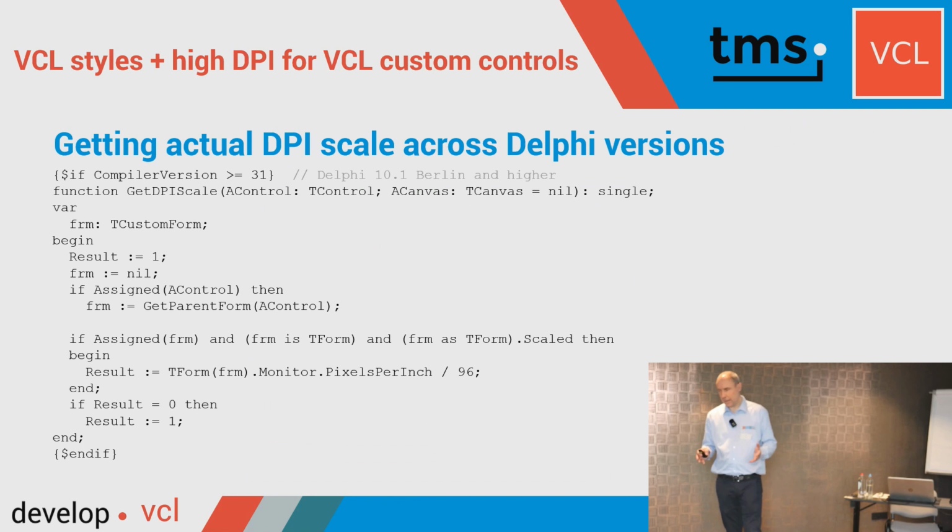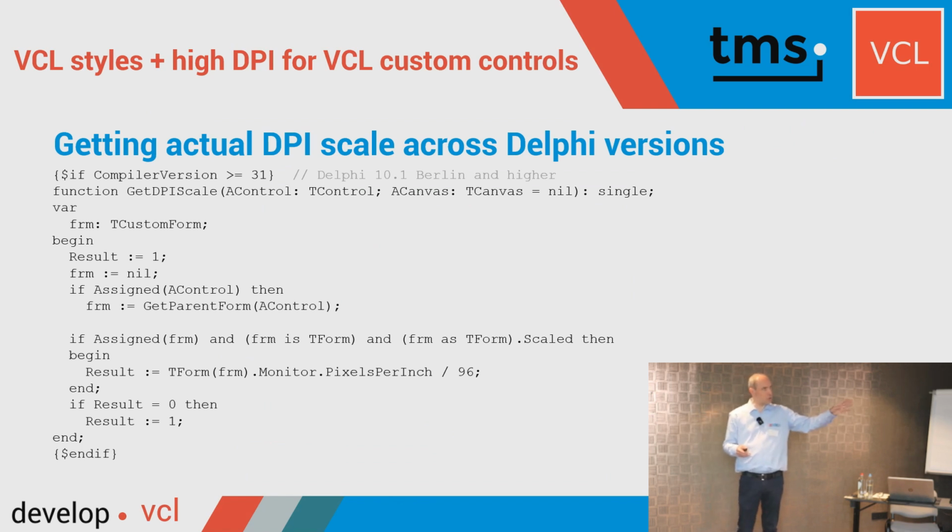Another thing is also needed when you are making your application high DPI aware, that is, how are we getting the definitive DPI of the monitor my application is running on. And here I present some code.